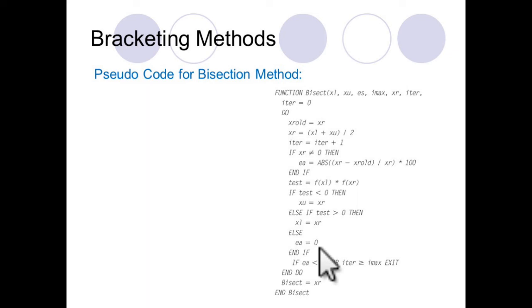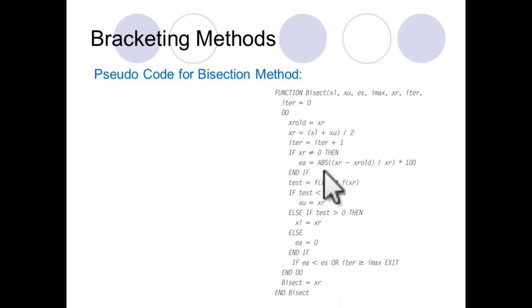and otherwise the error is 0, and then we check the error. If the approximation error is smaller than the bound for the error, or the number of iterations that we reach is bigger than our limit, the maximum iteration, then we stop the evaluation of the function and then we exit.